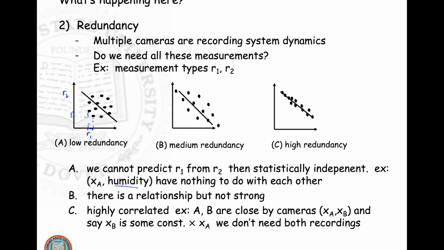So we have a change in R1, a unit step increase, and we have a commensurate unit step decrease, or some amount of decrease, in R2. But then again, if we take another step in R1 from this point to that point, we have an increase in R1, but for that similar unit step increase in R1, instead of a decrease in R2, we have an increase in R2 that's about the same.